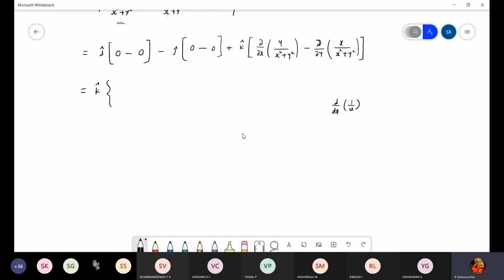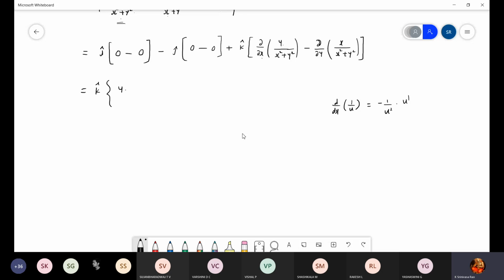Partially with respect to x, y is constant, so you can take y outside. What is left is 1 by u, and the differentiation of 1 by u is minus 1 by u square into differentiation of u, the denominator.